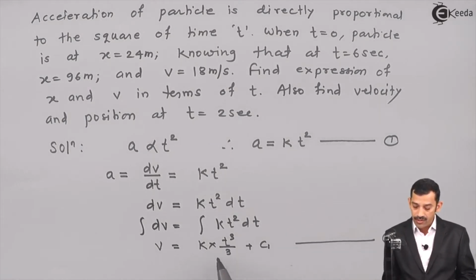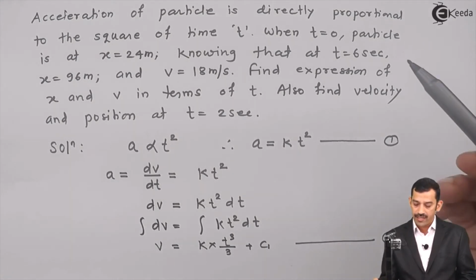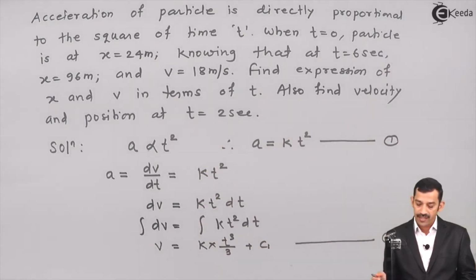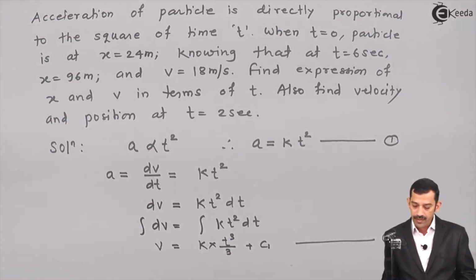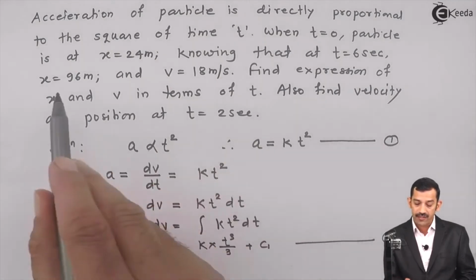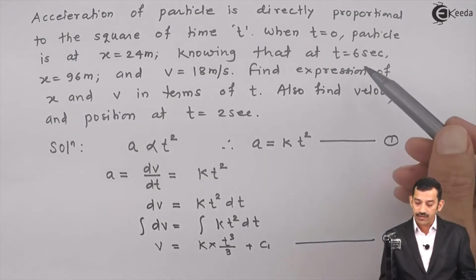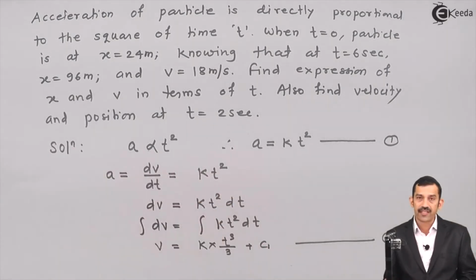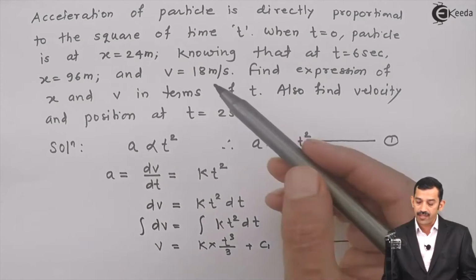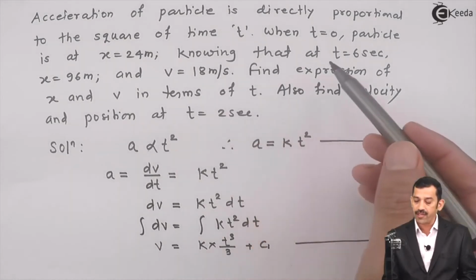But as the unknowns are two, k and c1, direct solution is not possible using a single equation. The condition we know, at t equal to 0 the particle is at 24 meters, is for position and not for velocity. For velocity, the known condition is at t equal to 6 seconds, x is 96 and v is 18 meters per second.